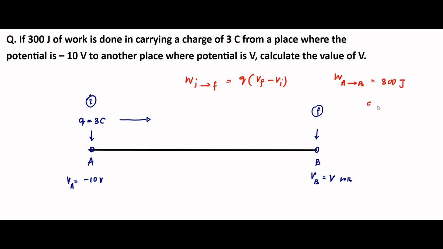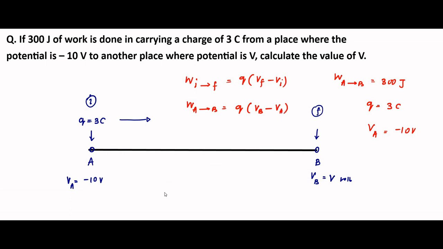The charge is 3 coulomb. The initial point potential VA is minus 10 volt. So the work done is Q into VB minus VA.